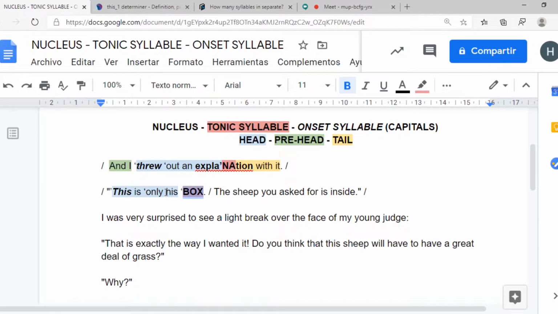But I have some other previous stressed syllables, and the first stressed syllable will be your onset syllable. From the onset syllable up to the tonic syllable, you can find the head.